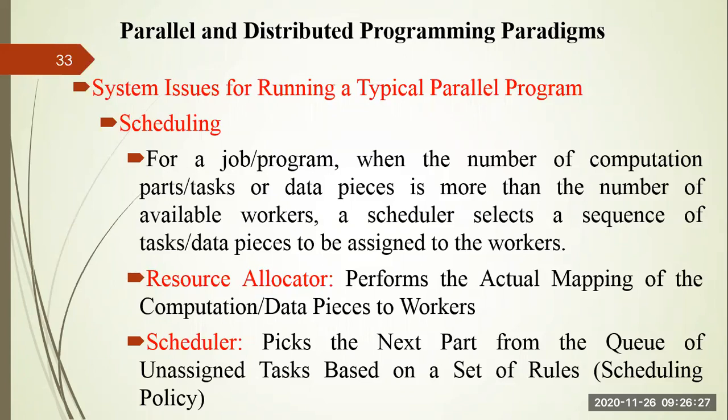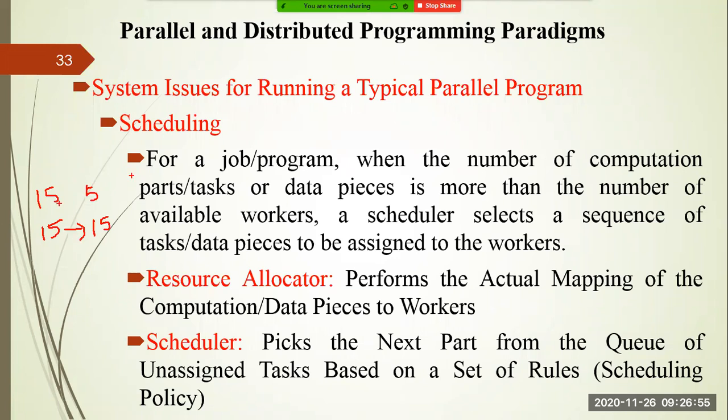Suppose you have 5 workers, but you have 15 works. If 15 works and 15 workers are there, then there is no issue. You can assign one work to one worker. But if the number of computational resources is less and the number of computational tasks is more, then what happens?